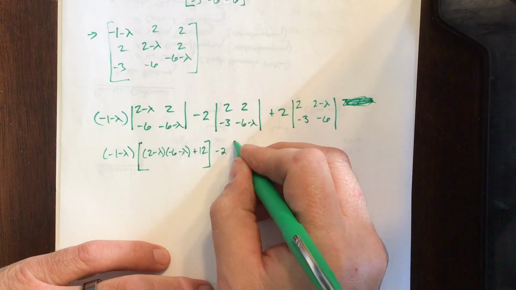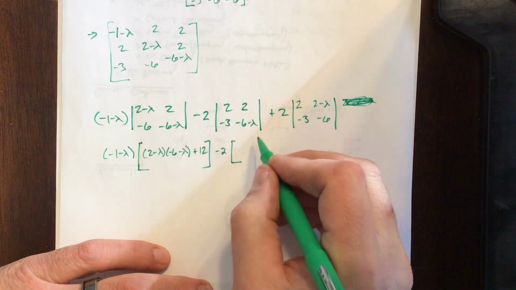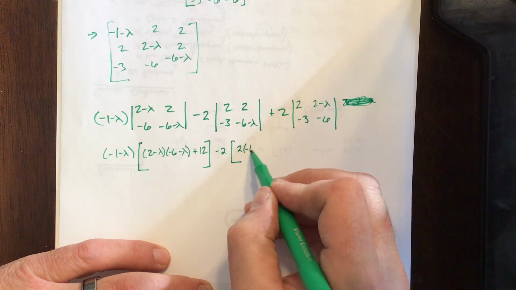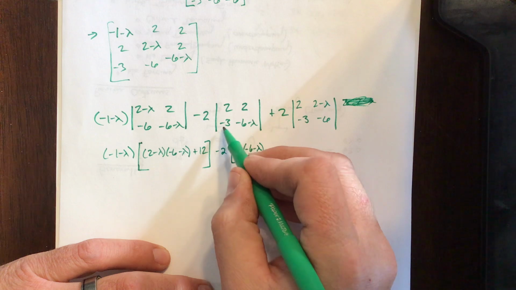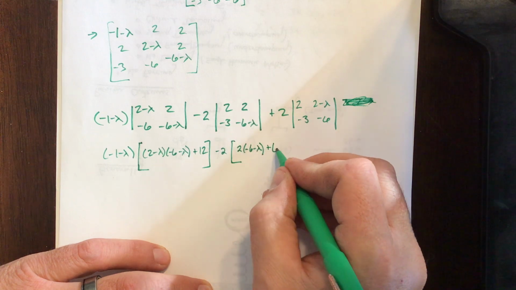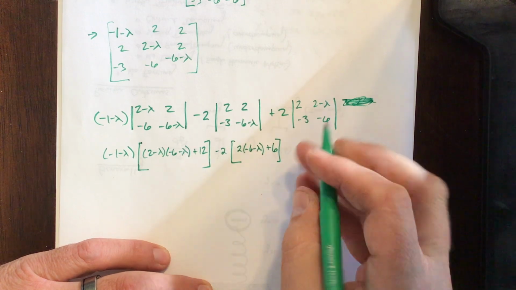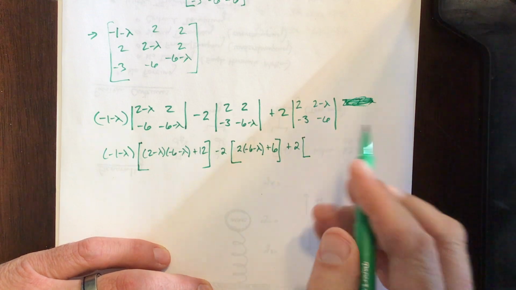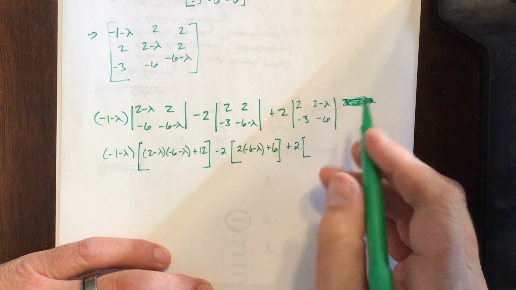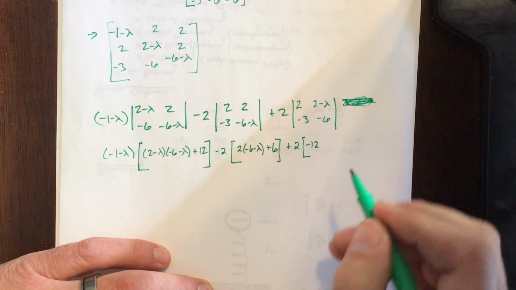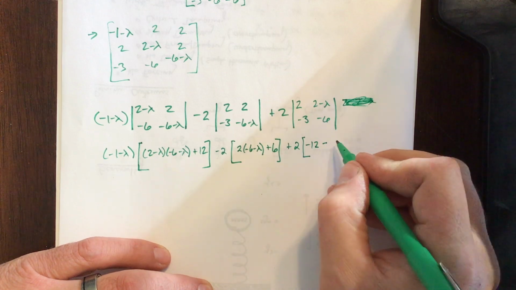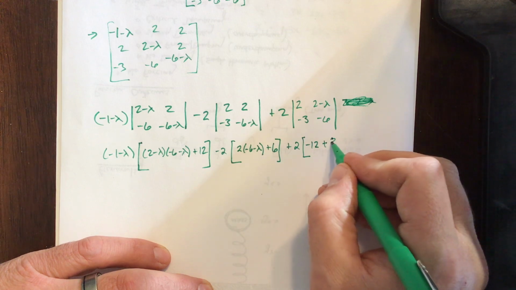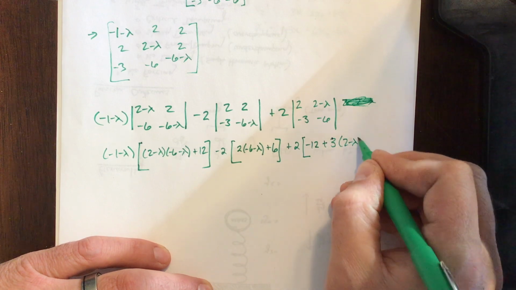Minus 2 times 2 times negative 6 minus lambda minus a negative, so it's plus 6, plus 2 times 2 times, that's negative 12, minus a negative, so it's plus 3 times 2 minus lambda.